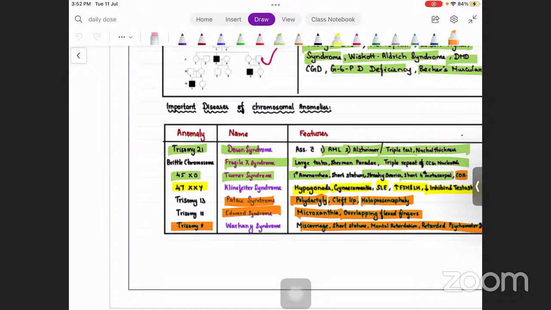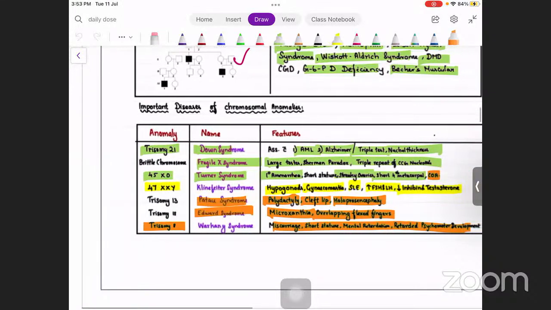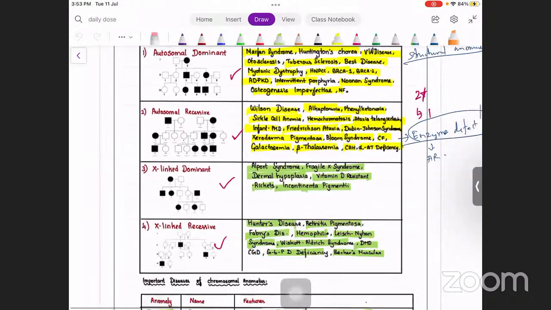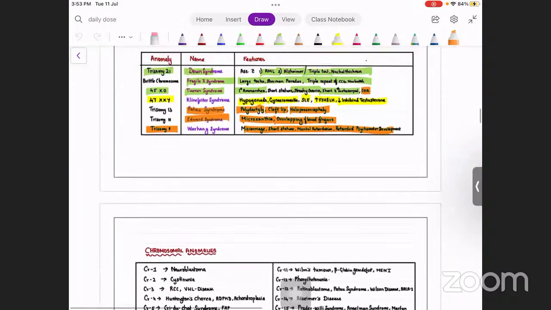Trisomy 13, Patau: polydactyly, cleft lip, holoprosencephaly. Trisomy 18, Edwards: microphthalmia and overlapping of flexed fingers. Trisomy 8, Warkany syndrome: miscarriage, mental retardation, and retarded psychomotor development. So these are the genetic diseases where you see all of them.